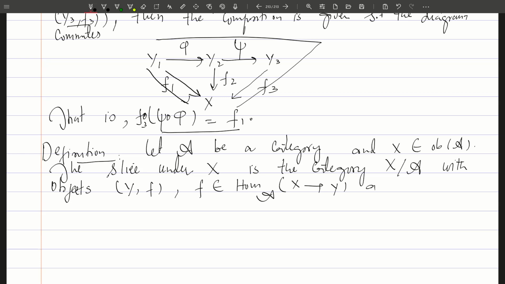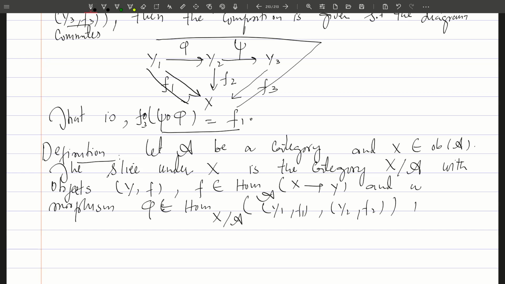And a morphism, let us call this phi, in this slice under category, which takes the object y1 f1 to y2 f2, is such that the diagram commutes.